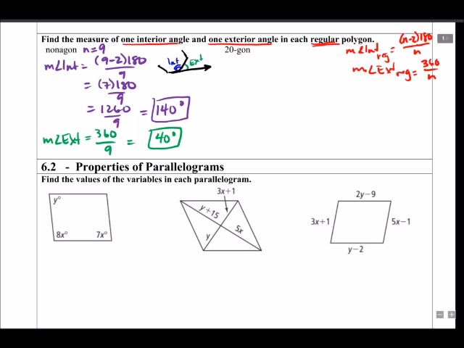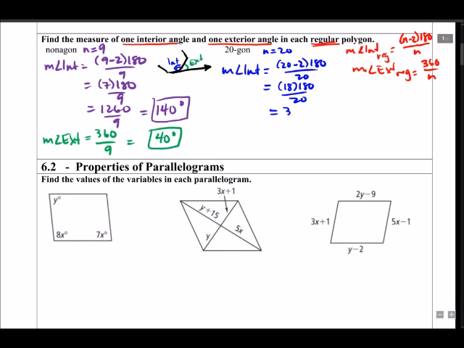They both work. Let's do our 20gon. That tells us that n equals 20. So the measure of our interior angle is 20 minus 2 times 180. That gives us our sum, our total, and then divided by the number of sides. And that is 18 times 180 divided by 20, which is 3240 divided by 20.